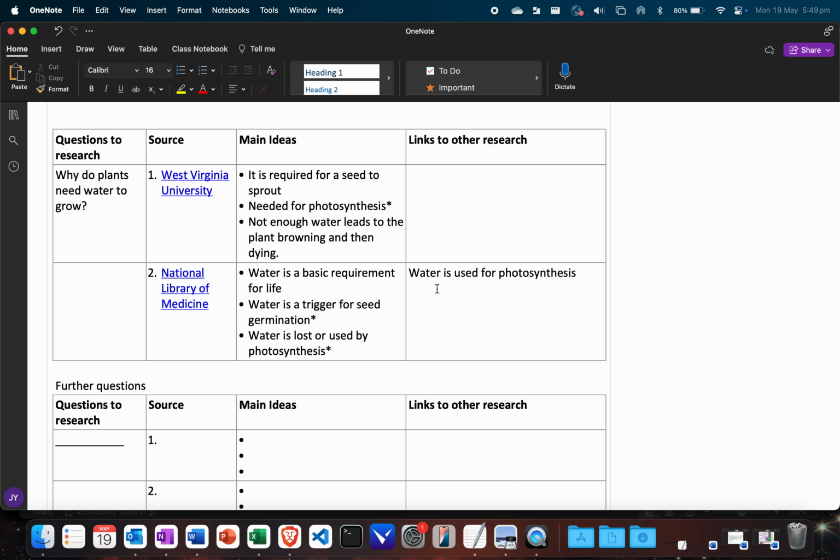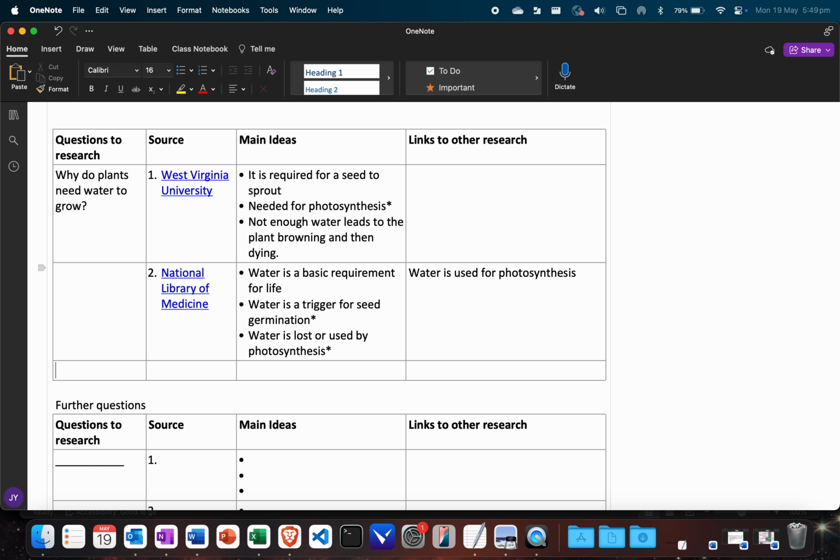Okay, they both agree on that. It's a requirement for life. And this one, they both actually said it's required for seeds to sprout. Now, if I actually Googled what is germination, I would find that it's the same thing, same word, really, that can be used for sprout. Okay, sprout, germination, they mean the same thing.